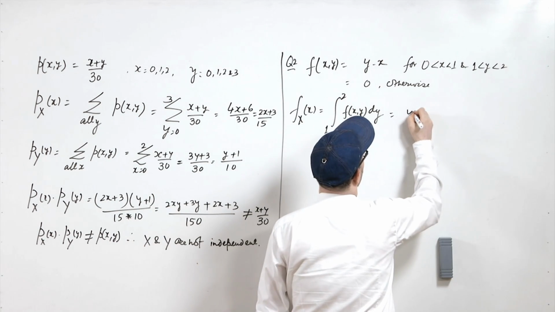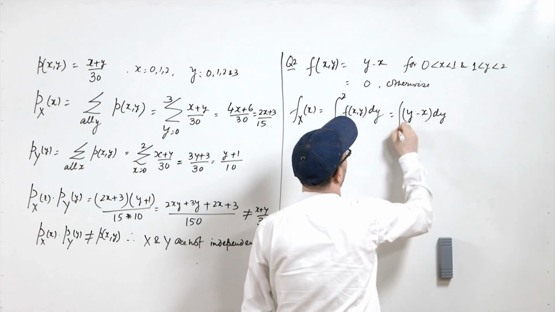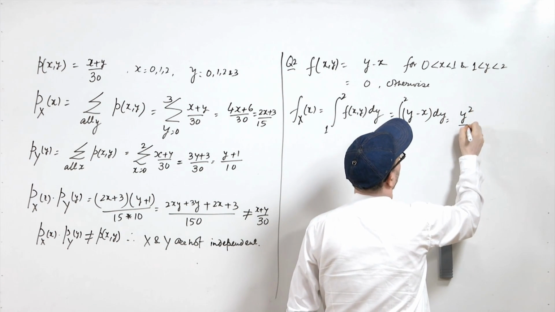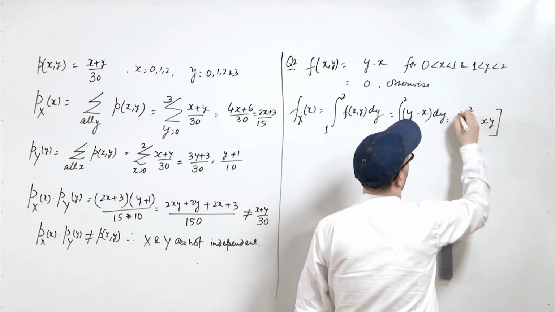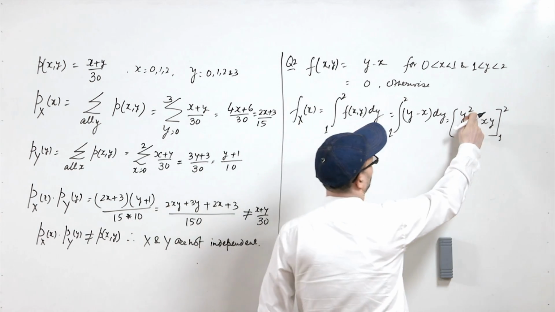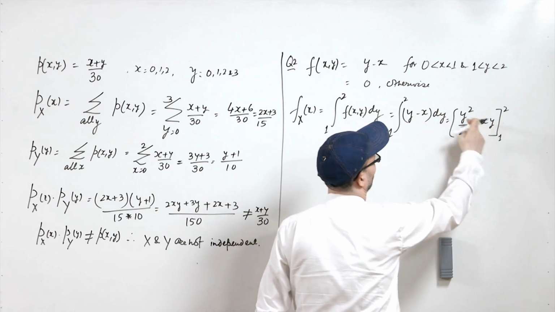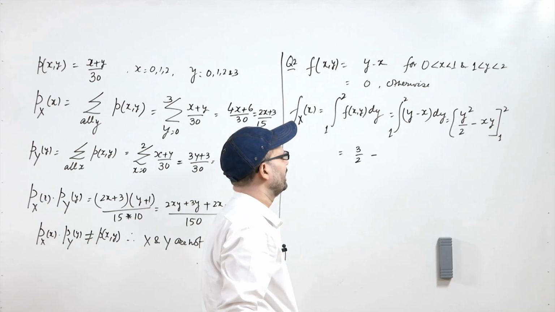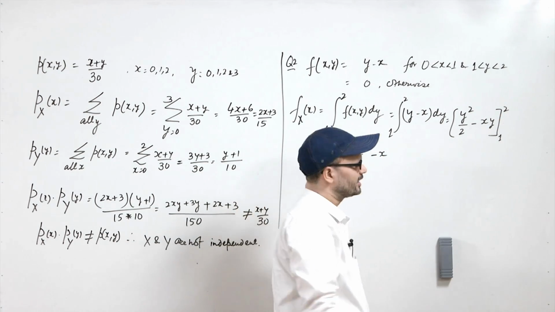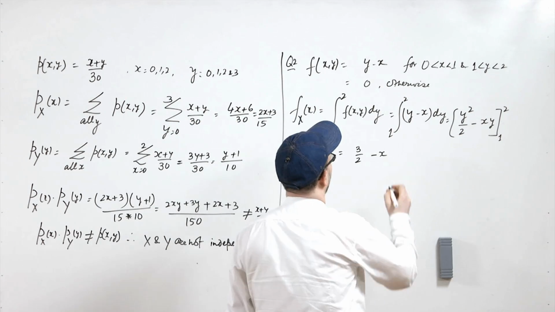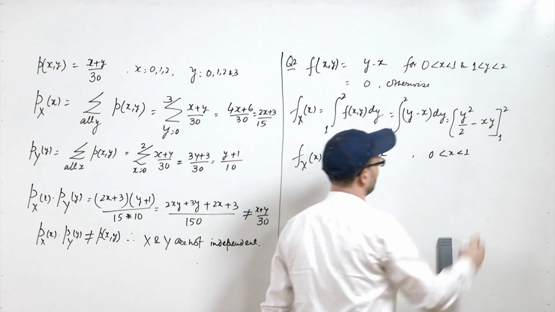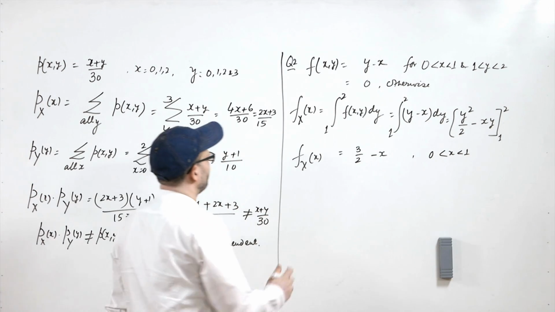So it is the integral of (y minus x) dy from 1 to 2, which is y squared by 2 minus xy between 1 and 2. That gives (4 minus 1) by 2, that is 3 by 2, minus x times (2 minus 1), so x. So fX(x) is 3 by 2 minus x, with x varying from 0 to 1. Then we have to find fY(y).